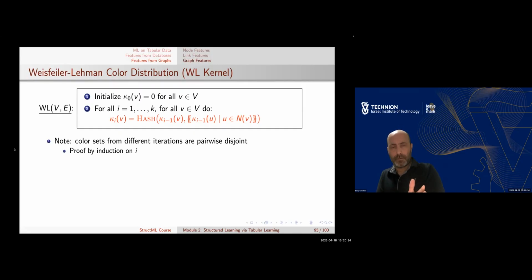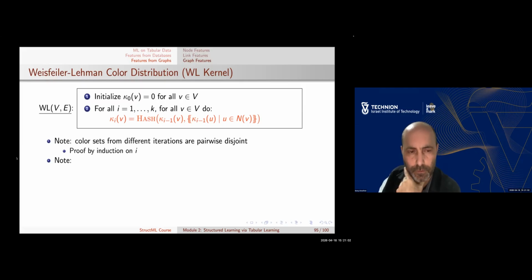First, I want you to think of it for a moment and understand that at different iterations, you get different colors. The color set of iteration i is disjoint from the color set of iteration j, if i is different from j. And you can prove it by induction on i. This is actually pretty simple.